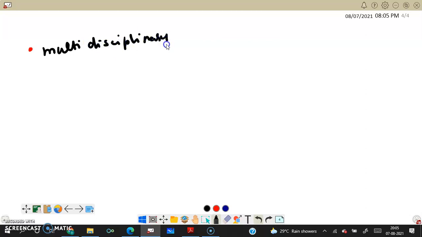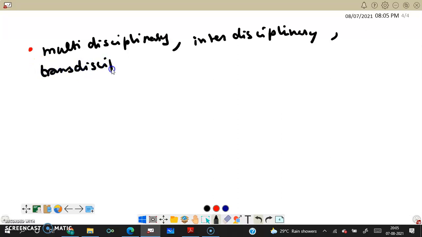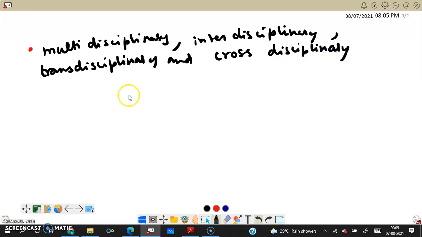You might have heard about multidisciplinary, interdisciplinary, transdisciplinary, and cross-discipline. Sometimes so many disciplines are integrated together.